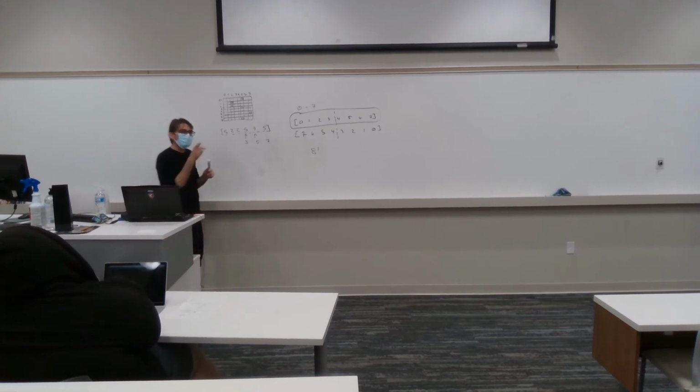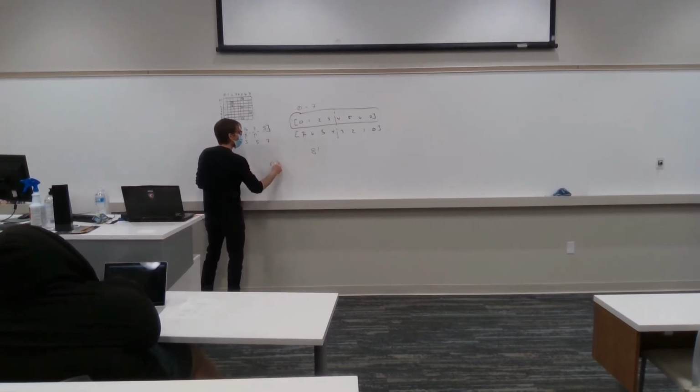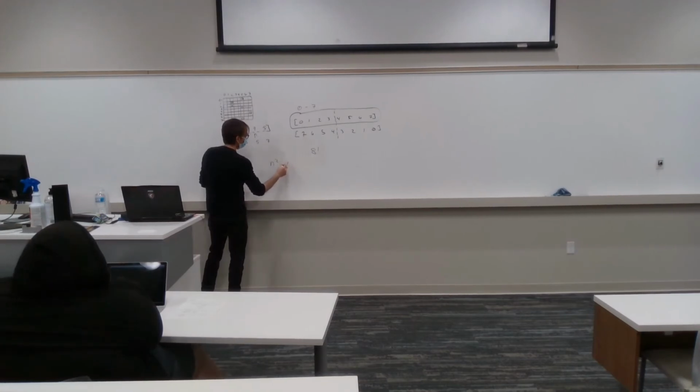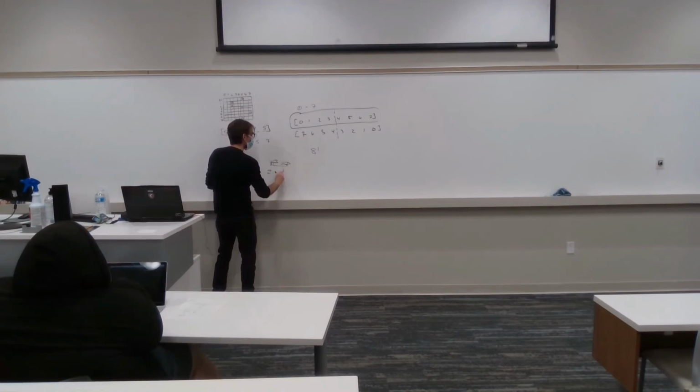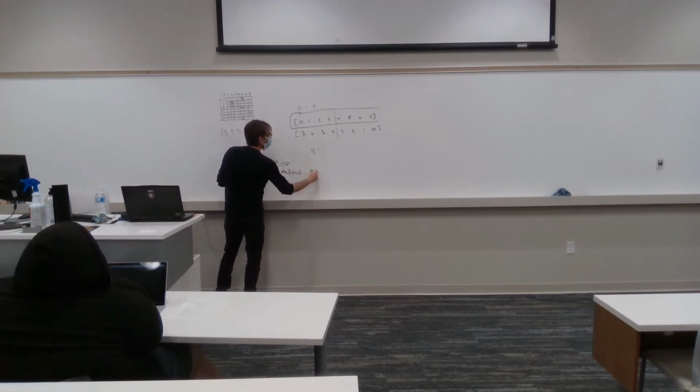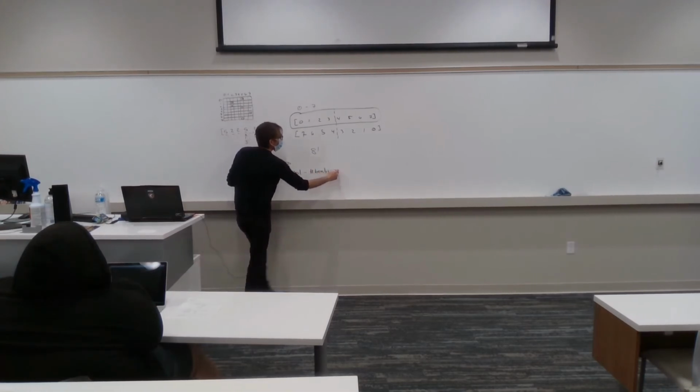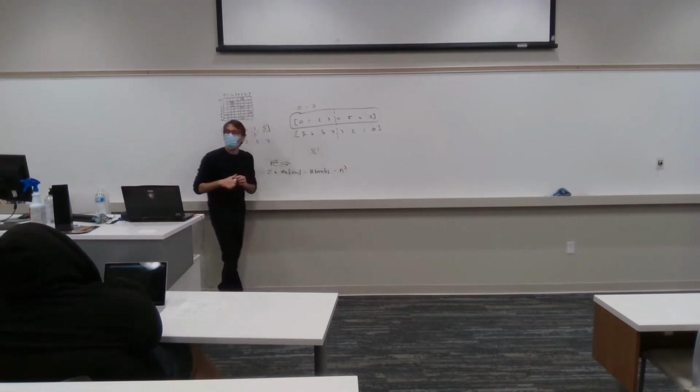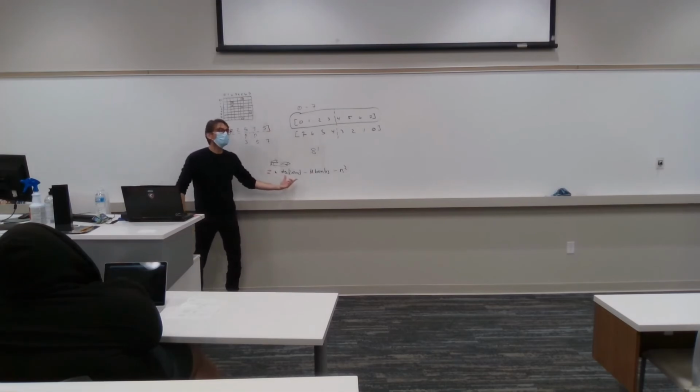Instead of, in his case earlier, it was like n squared minus, well, you had it set up as 2 times the number of slimes minus the number of bombs minus n squared. And so the high score would be n squared minus the number of bombs.